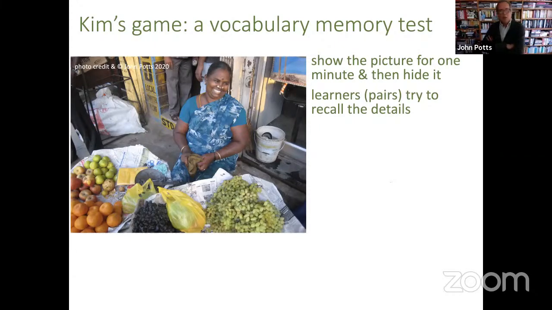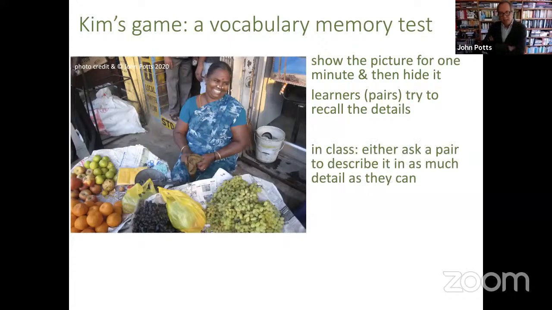So they try to remember what she's selling, all the different things she's selling. They try to remember details like the clothes she's wearing, or other things, anything that they can remember from the picture in pairs. And then in class, we ask one of the pairs to describe it and see how well they can do. And of course, the other students can come in and correct.